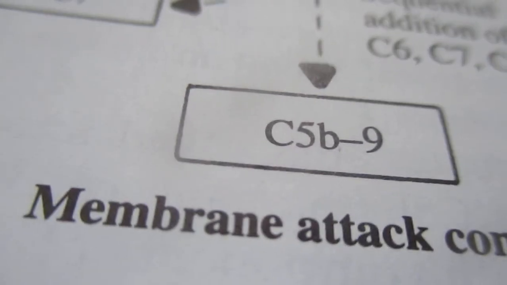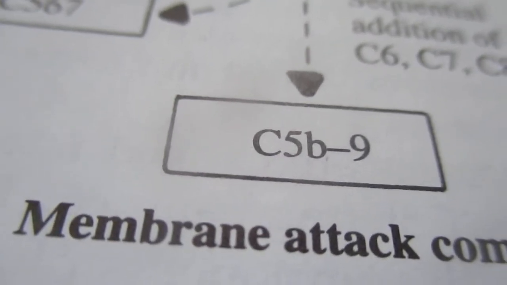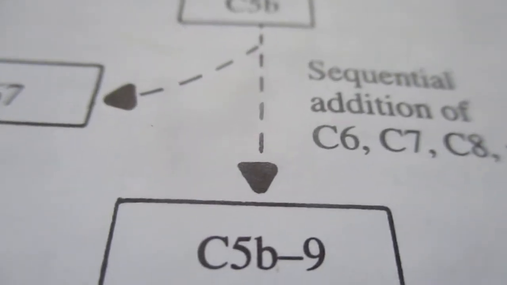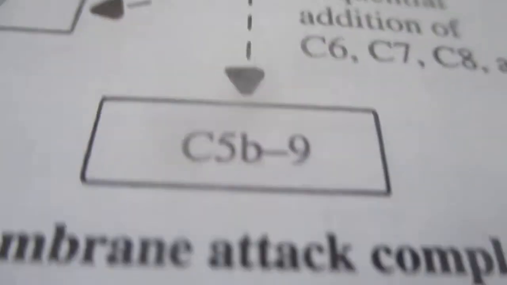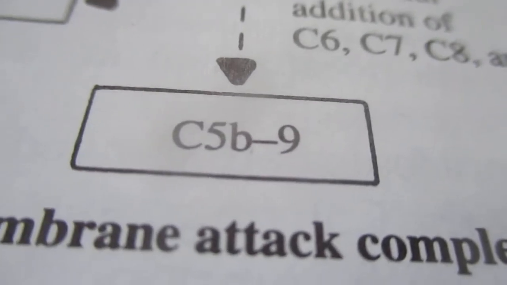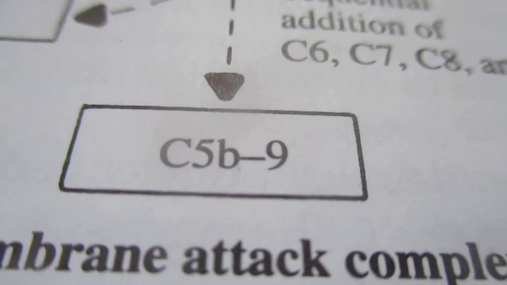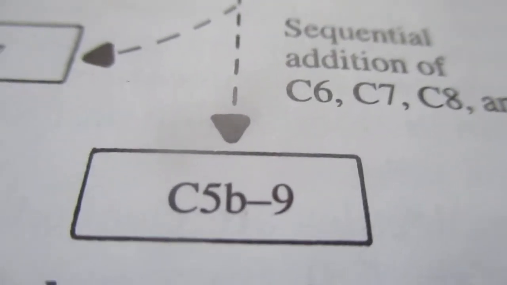Okay. And it gets attached to the membrane. The final phase of the classic pathway involves formation of a multi-component complex. Okay. Binding of C5B to the cell membrane begins the binding of complement to C6, C7, C8, C9 complex.